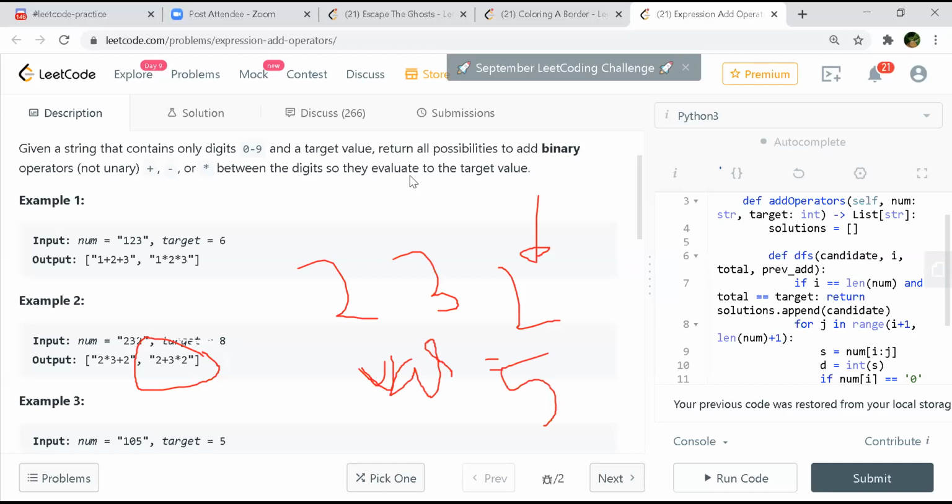Now I see a multiplication here. I'm trying to explore one of the optional multiplications. So what I do is, I first subtract my last operand, which is 3, from this value.